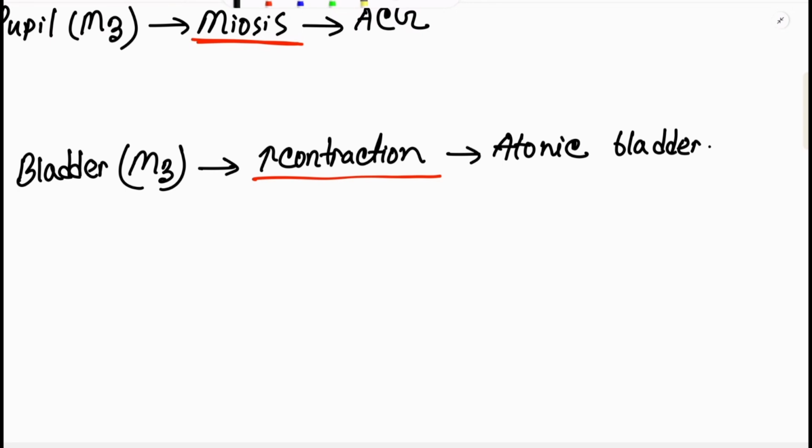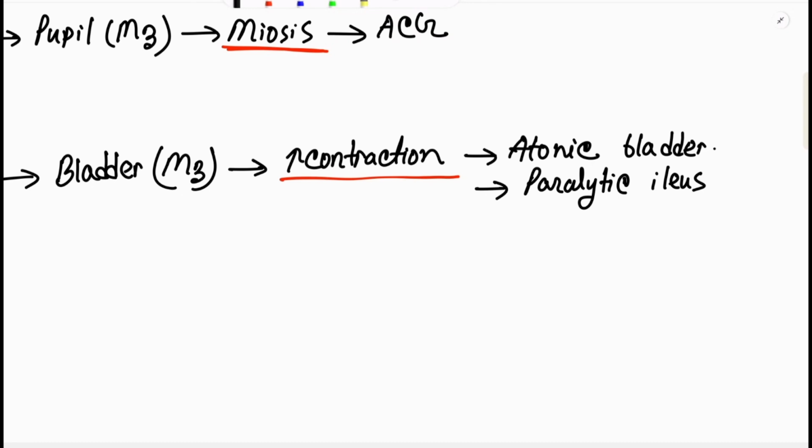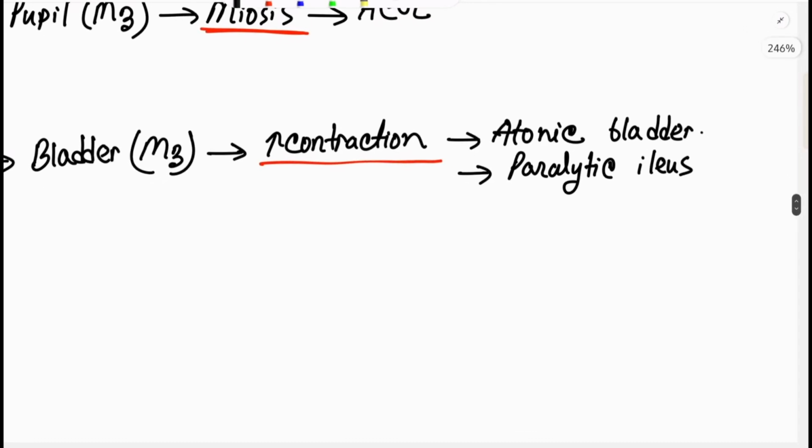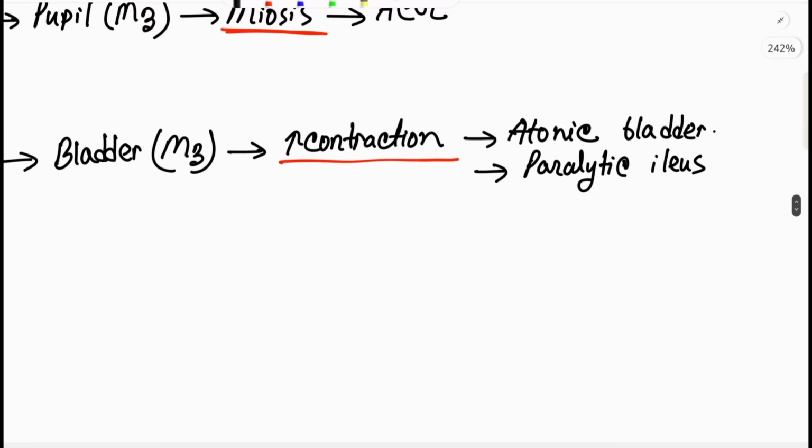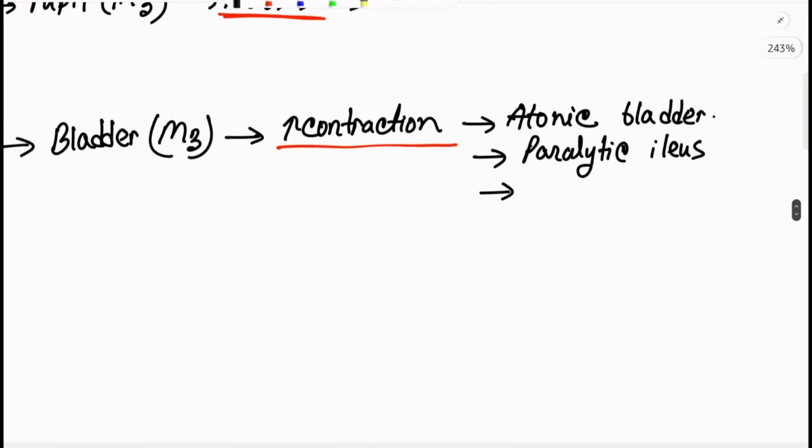The same mechanism is also used in paralytic ileus. The ileum contains M3 receptor which causes peristalsis and helps in paralytic ileus after operation. We can also use it in newborn babies who have aganglionic megacolon.